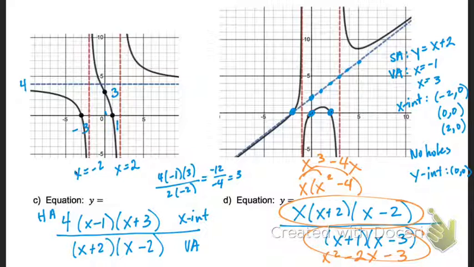So I just FOILed it out because that's what I need for long division. So I've got x squared minus 2x minus 3. And then on the inside is my numerator, which would be x cubed plus 0x squared minus 4x plus 0.